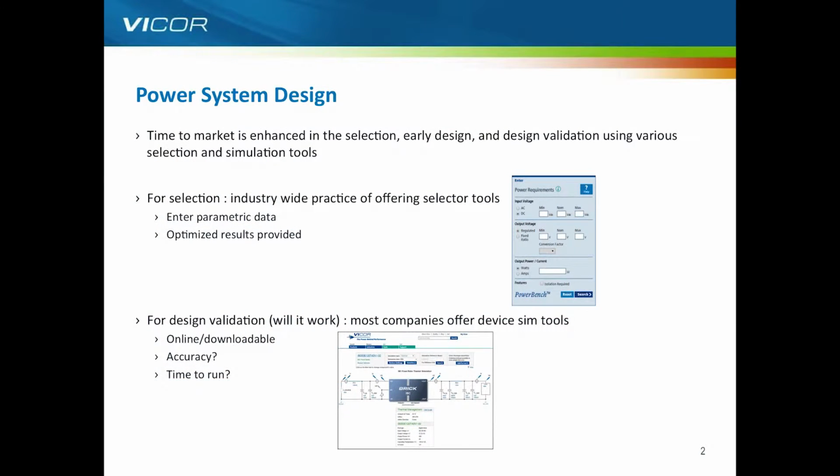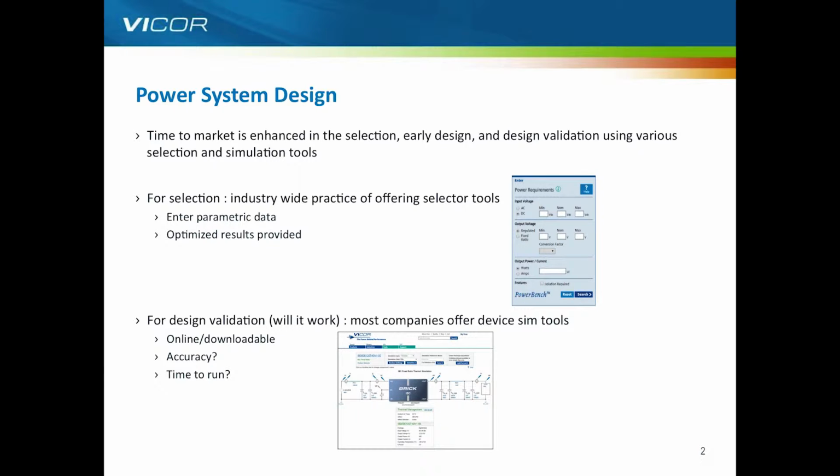Now, when you're looking at designing a power type solution, the industry offers many types of tools to provide selection of products and the decision points, let's say, with products. But typically, these tools you can narrow down into really two areas.